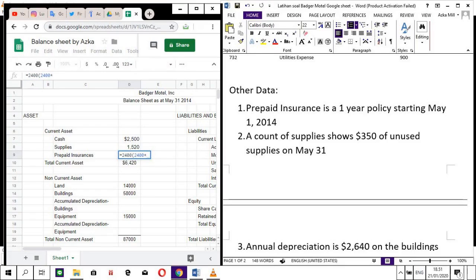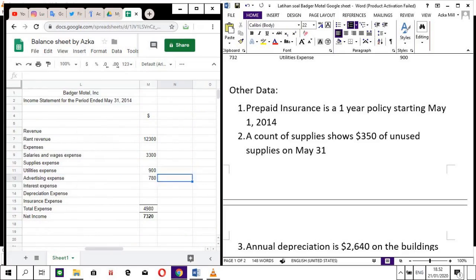Before we deduct our current asset, we have to multiply by 1 over 12, because we used the insurance for 1 month. And then the amount of the reduction is reported as an expense.